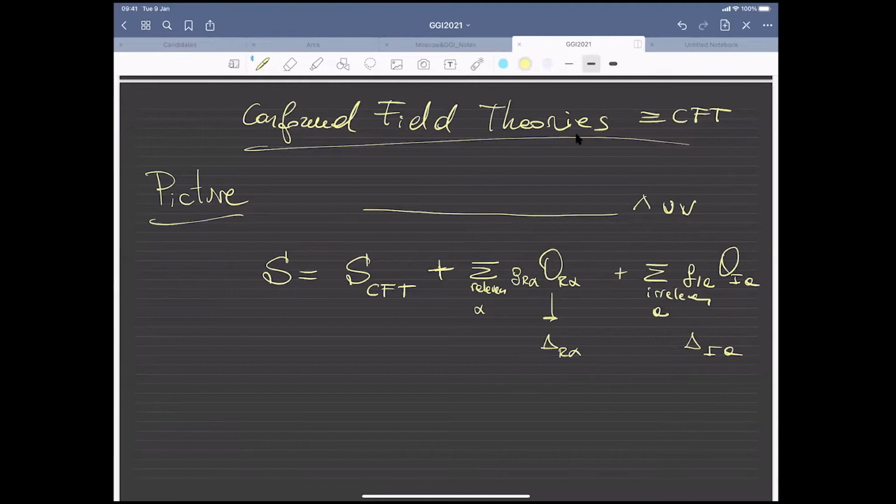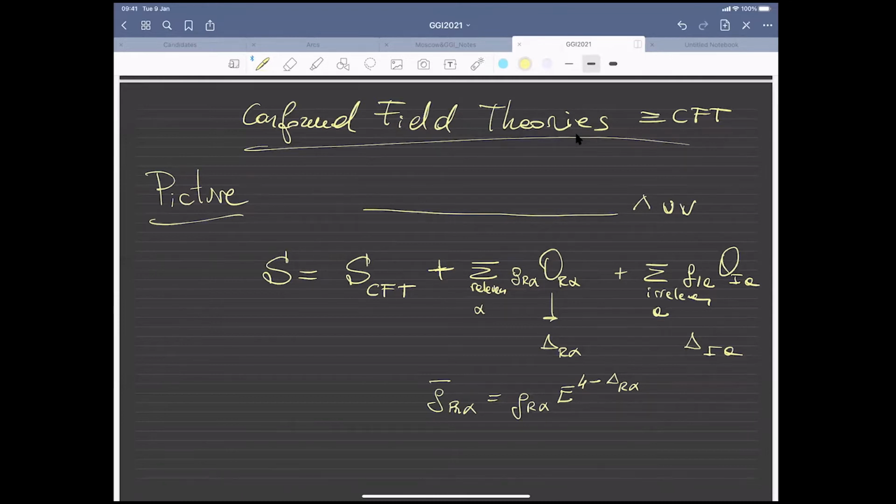And then the physical effects of these couplings are g_alpha E to the 4 minus delta_alpha, and the same thing for the others, right?